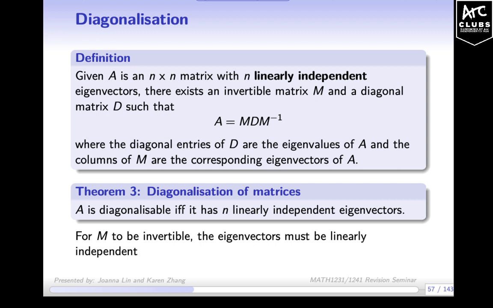And we know that for M to be invertible, its columns must be linearly independent. So from there, if M is invertible, we can use this formula, and we can say that A is diagonalizable as well. That's how this theorem ties in with the definition.